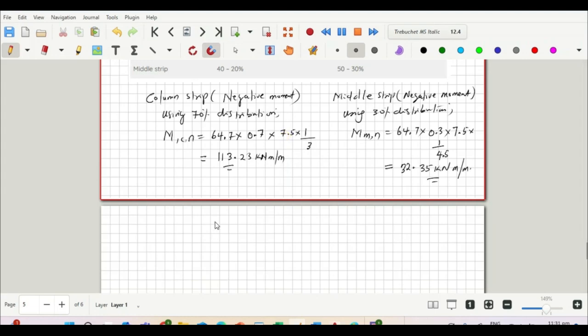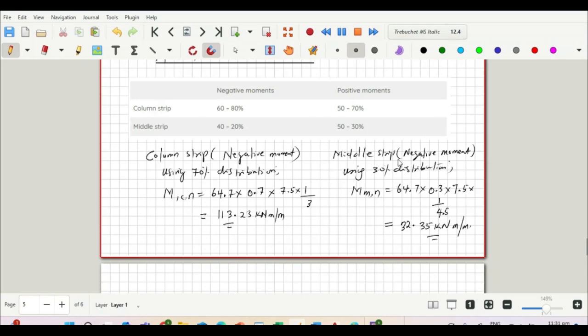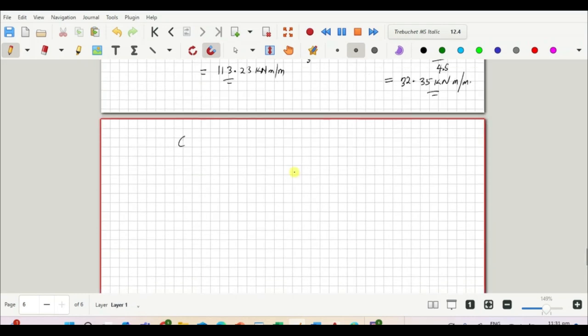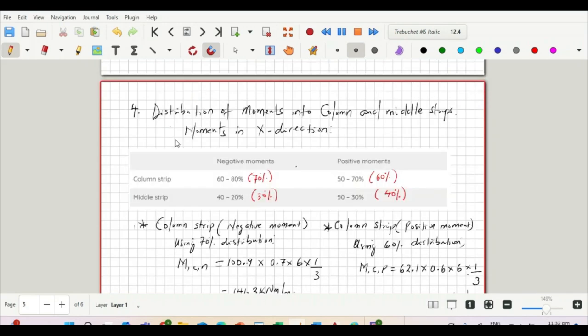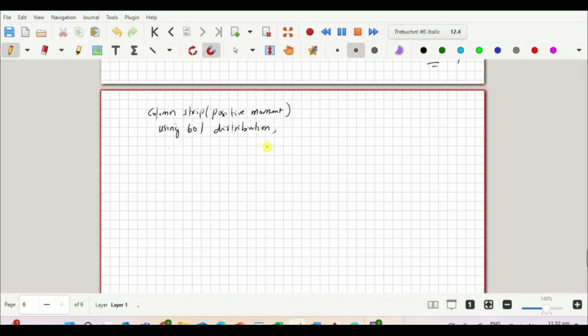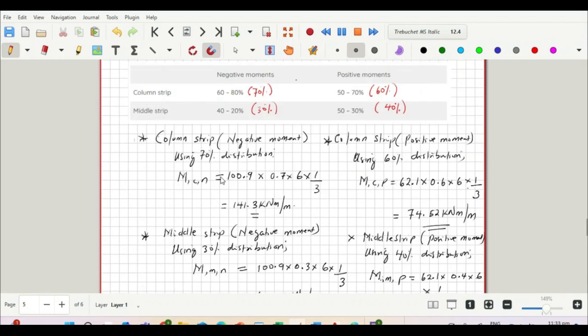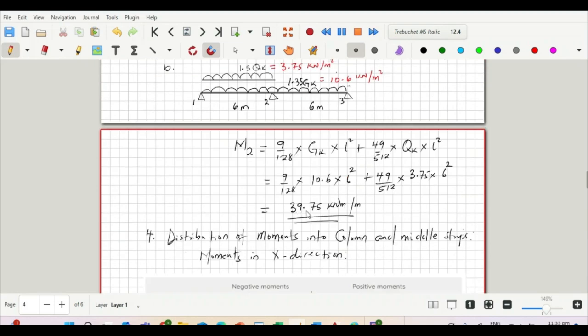So let us go ahead now and do similar for the positive moments. Column strip, and this time we are doing positive moment. We'll be using 60% distribution. So let's call that moment MCP. That will be equal to the positive moment, so let's look out for it, that is 39.75.